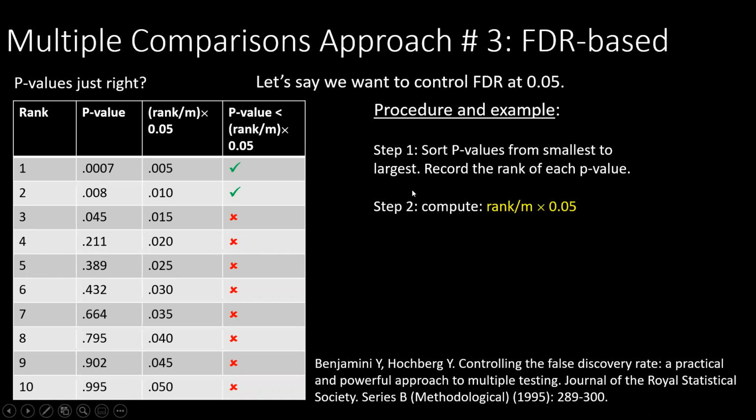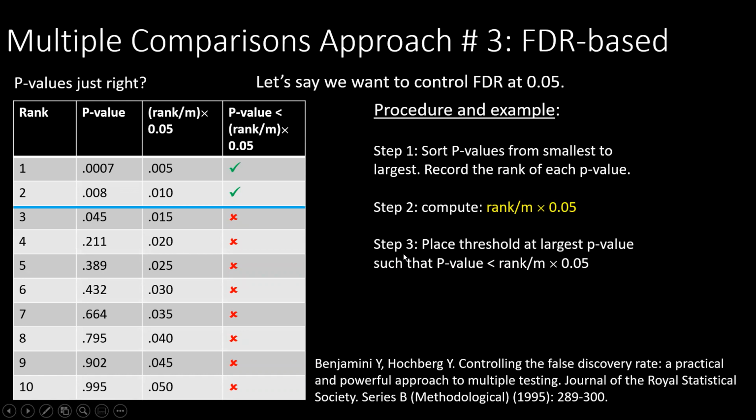Then step 2 is to compute whatever that rank is divided by m, where m is the number of tests, multiplied by whatever your threshold is. For this example, we're going to use FDR at 0.05. So this third column is that intermediate calculation, and it's sort of where we would expect it to be under the null.